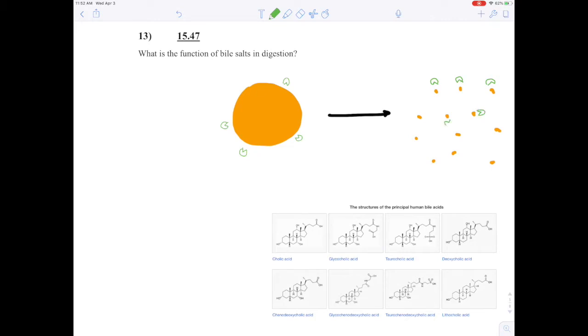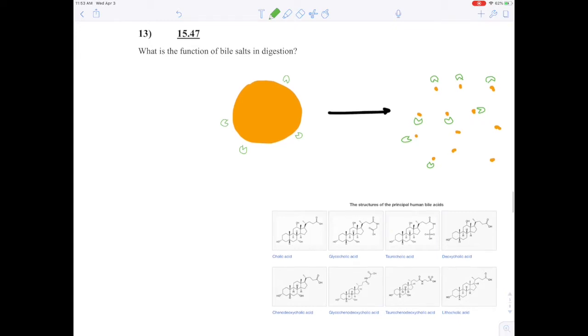These little Pac-Men can eat them and turn them into energy or food, whatever, really fast. So we need a way to break up the big glob of fat so that you can digest the fat more easily. Break it up into smaller droplets. And that is what bile salts do.